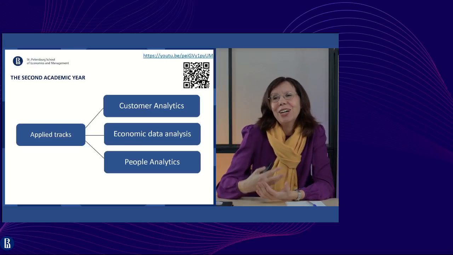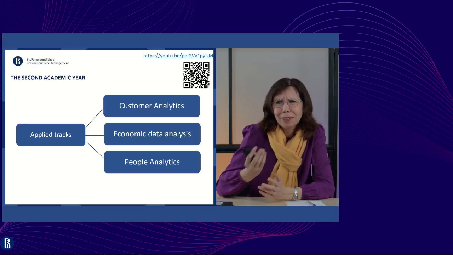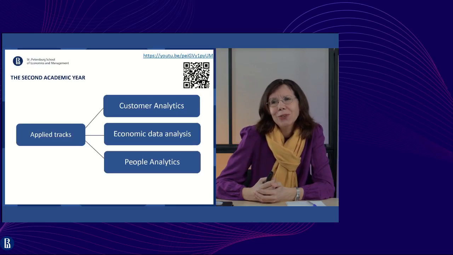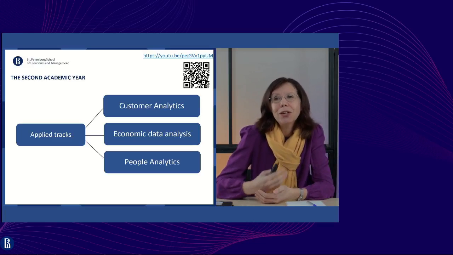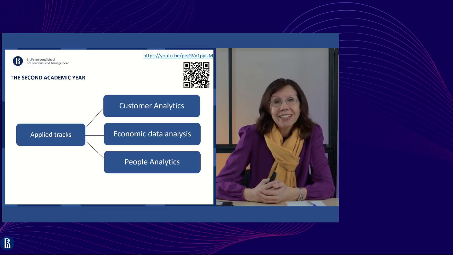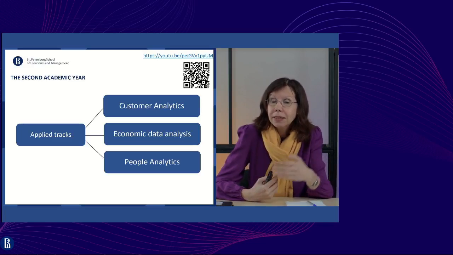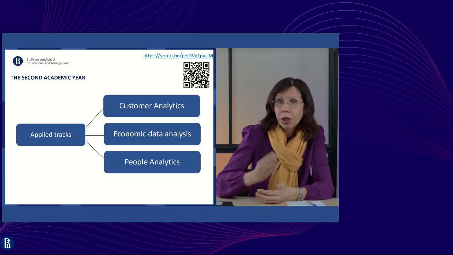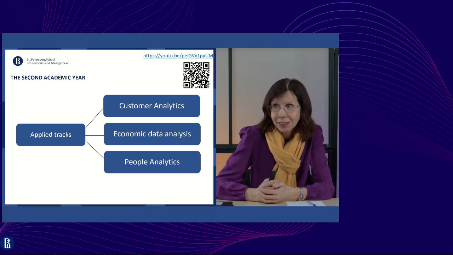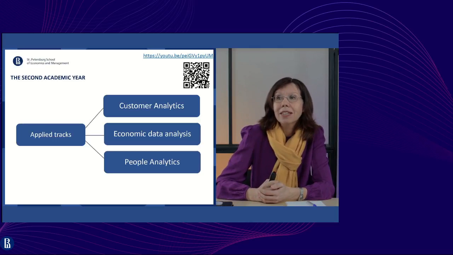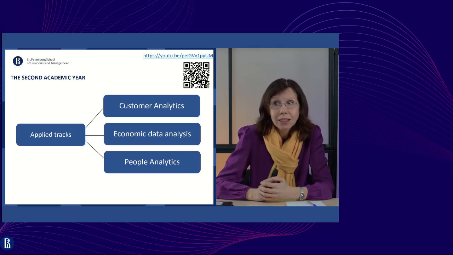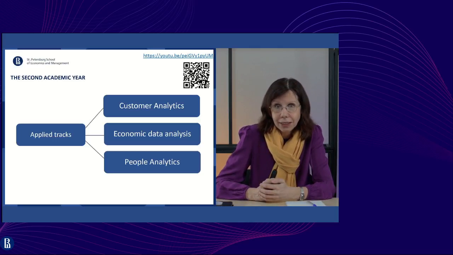Now we reach the so-called specialization or applied tracks. In your motivation letter, we expect that you choose one of the following tracks, namely customer analytics, economic data analysis, and people analytics.